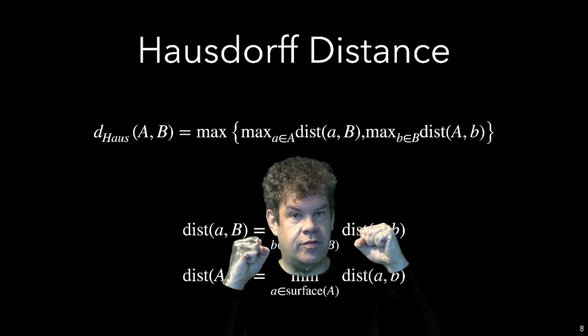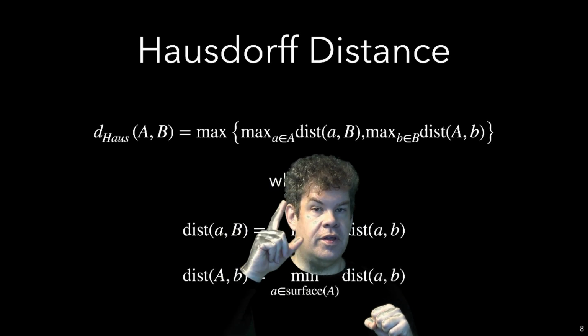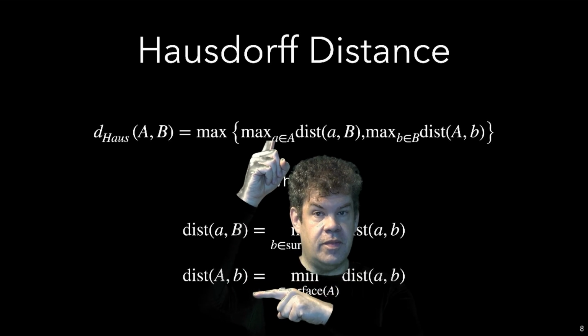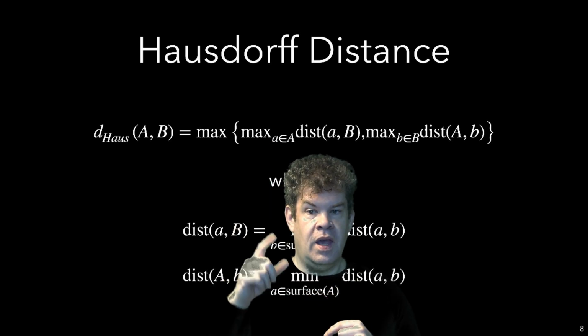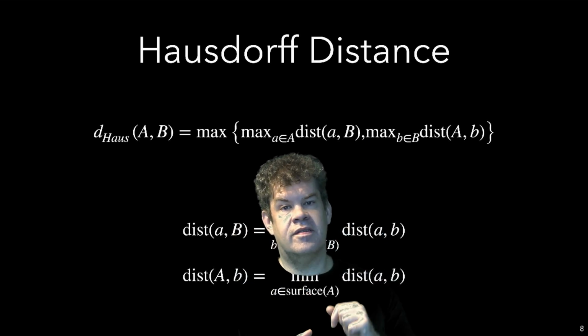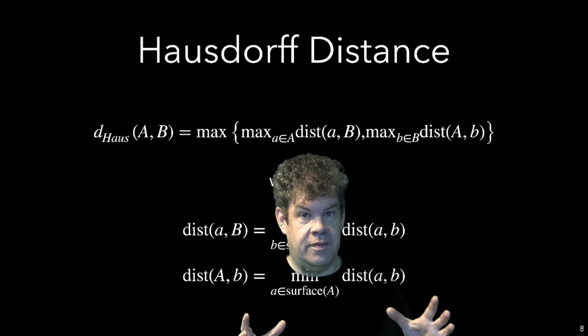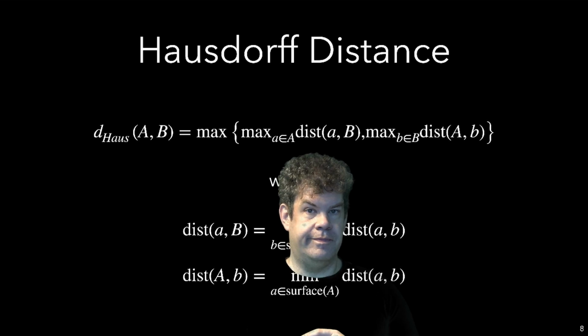So this is why we start with two triangle meshes. This takes every vertex, right? This is not every point on the surface, that's different from here. This is every vertex of the mesh A and computes the distance to the entire surface B. And over all these points, we take the maximum.